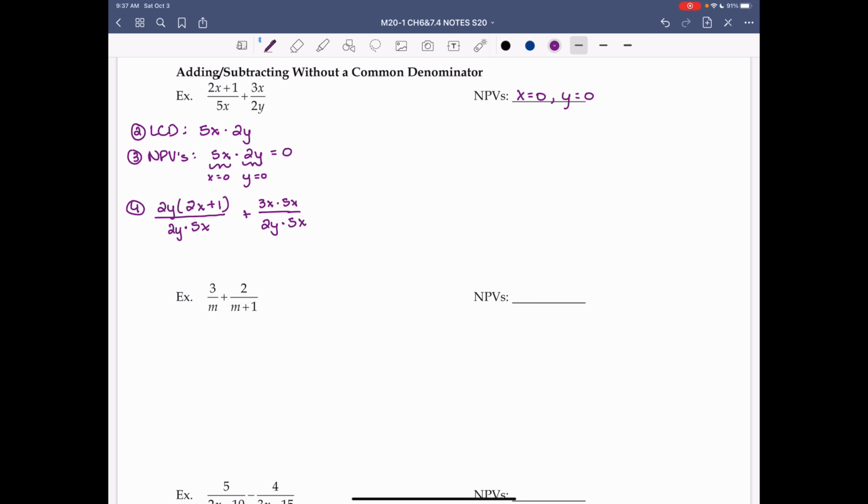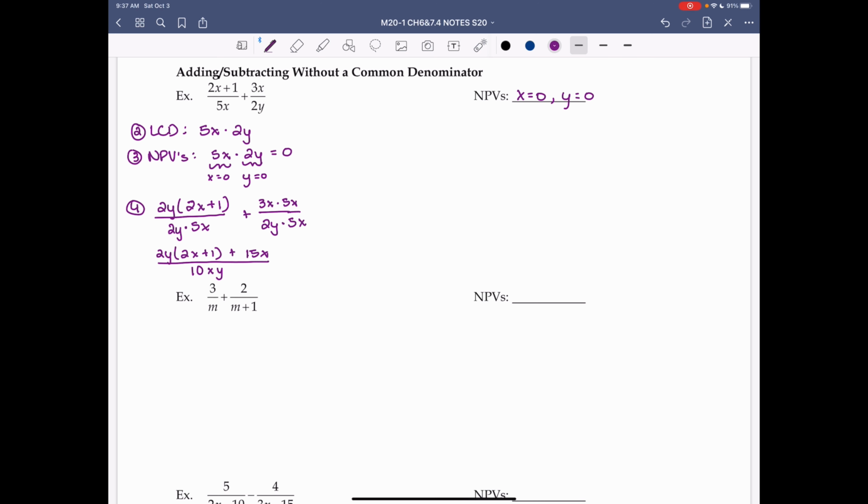We can now write this in one fraction. 2y times 2x plus 1 plus 3x times 5x is 15x squared over 2y times 5x is 10xy.